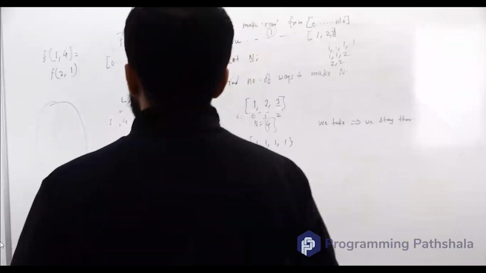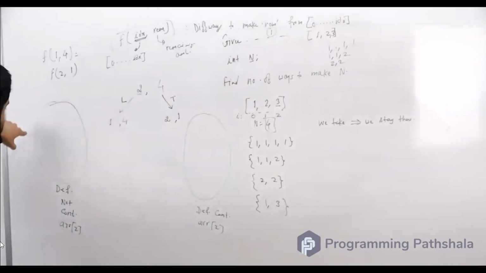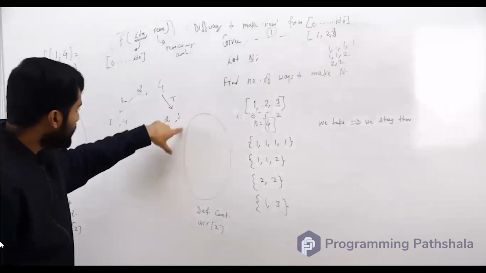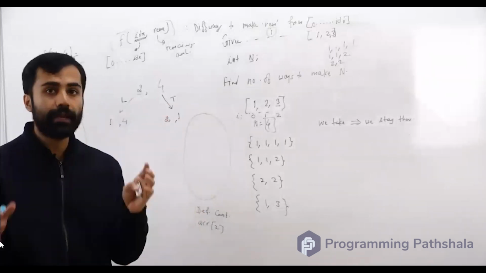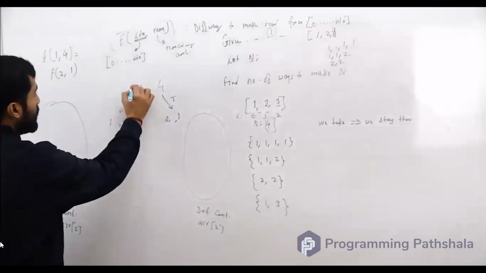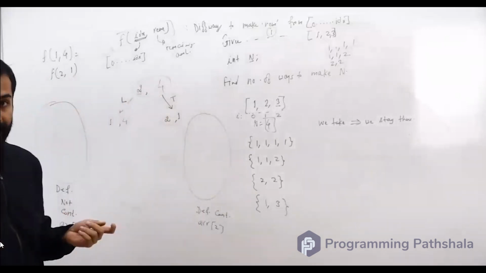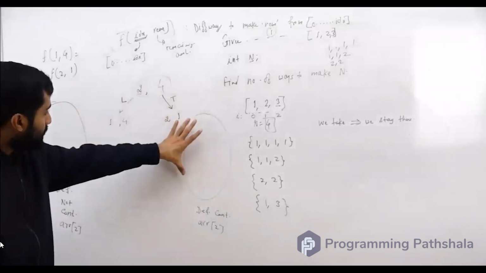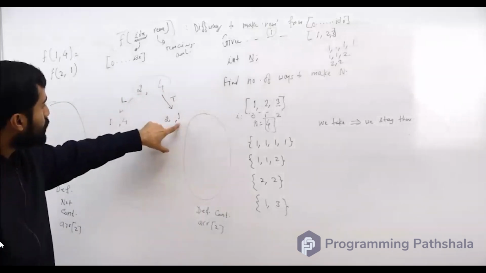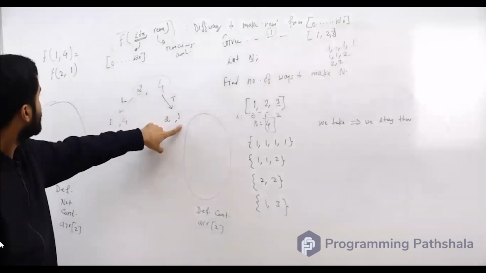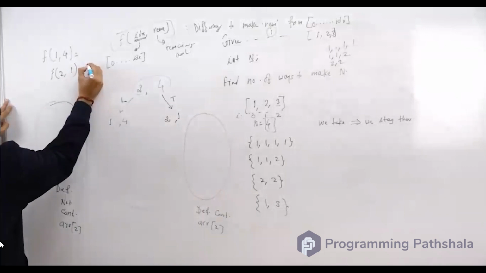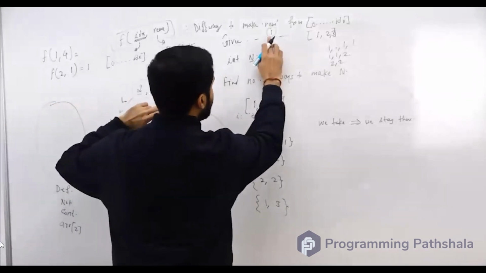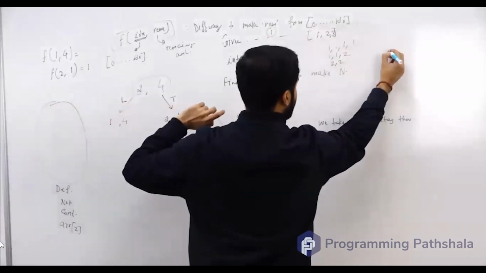Now I can say that all the combinations that I get from here and all the combinations that I get from here will correspond to my overall answer. Why? Because what is f of 2 comma 1? We realized it is 1 only, because there is only one way to make 1 from this much part, which is take a 1 rupee coin.